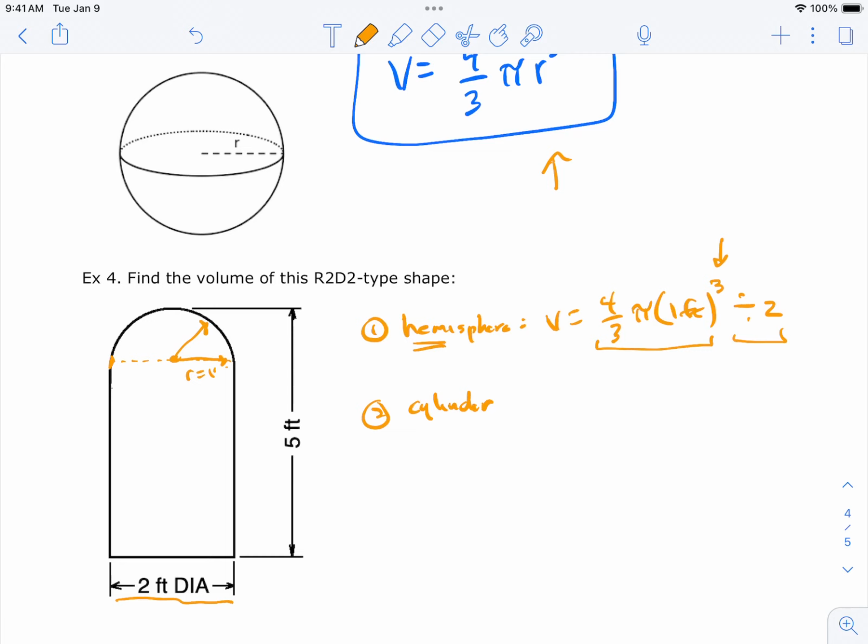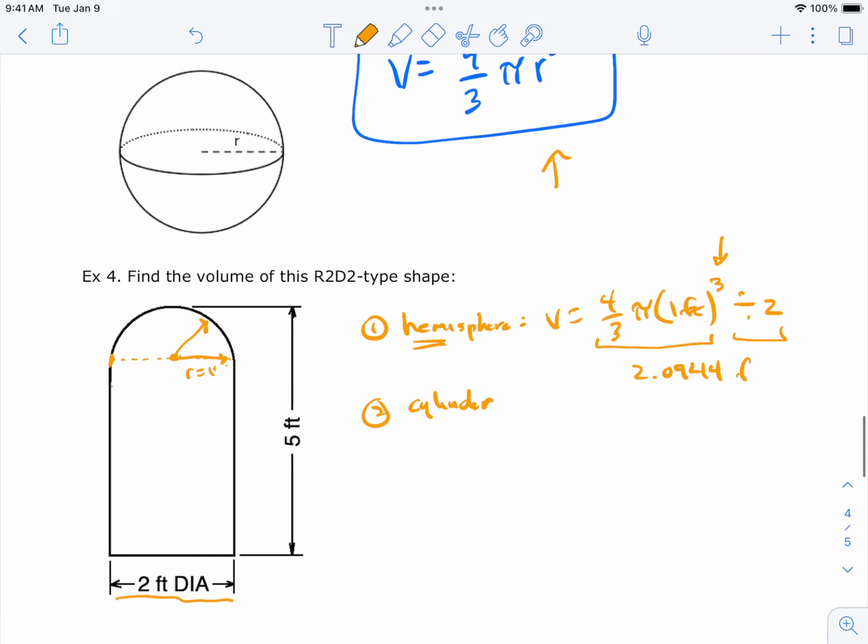So 4 times pi times 1 cubed, okay, 1, divided by the 3. Don't forget divided by the 3. But then don't forget to divide by 2, because we only have half a sphere. And in the end, you end up with 2.0944. And I plugged in feet, right? So this would be cubic feet.